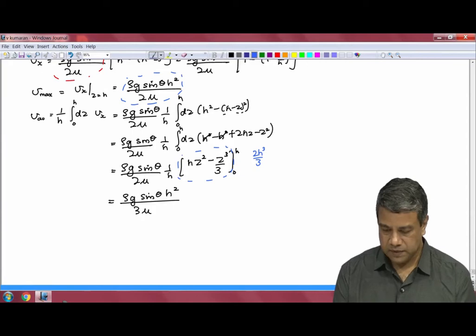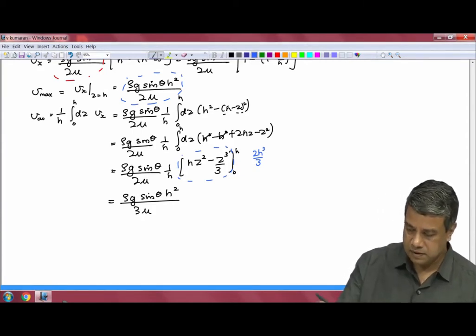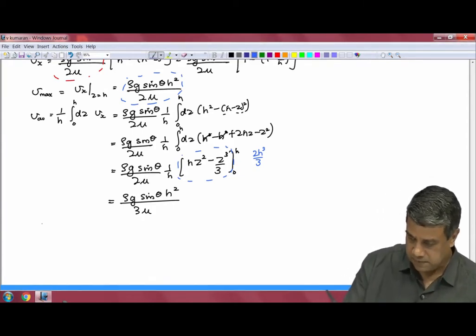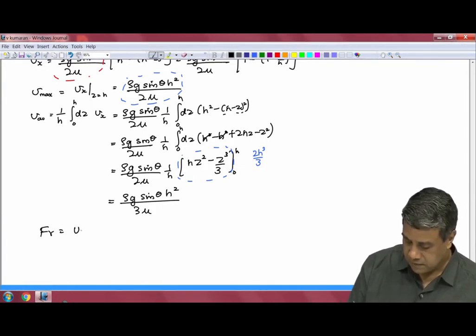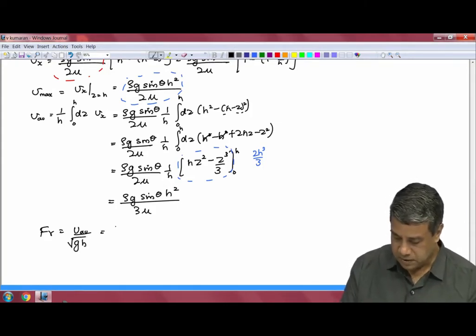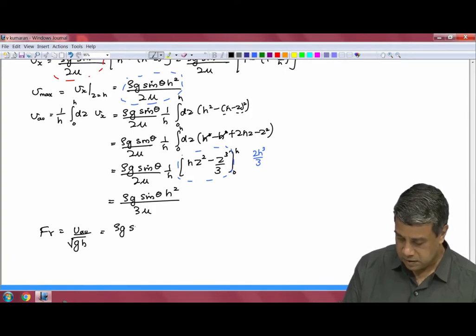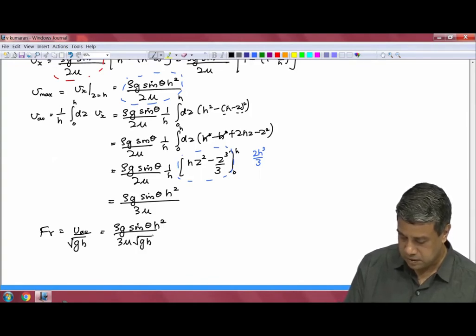And finally, we can get an expression for the Froude number: V average by root of g h, which is rho g sin theta h square by 3 mu root of g h.